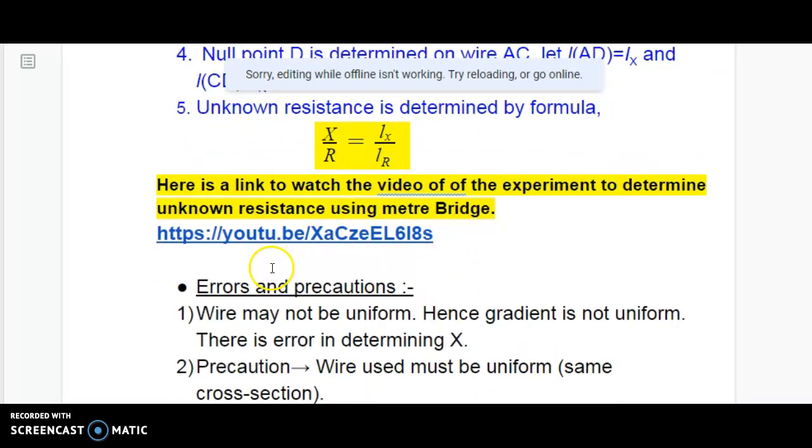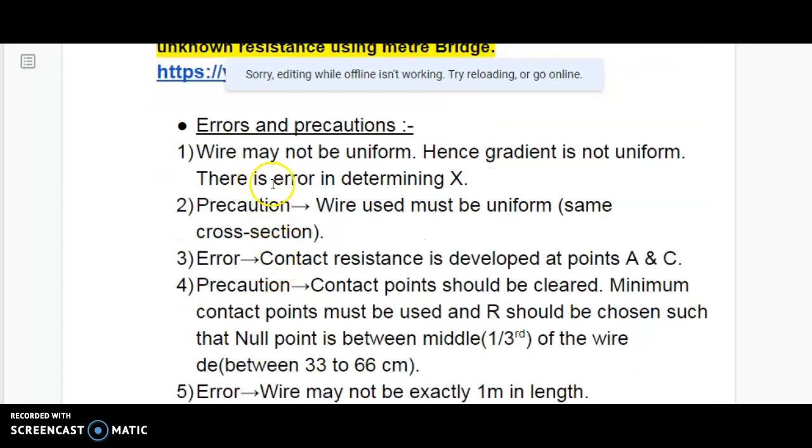There are some errors and precautions that you can take. The first thing is that the wire may not be uniform, hence the potential gradient also will be changing. There is error in determining the value of X, for which I must ensure that the wire has uniform area of cross section, and the jockey should not be always slided on the wire.